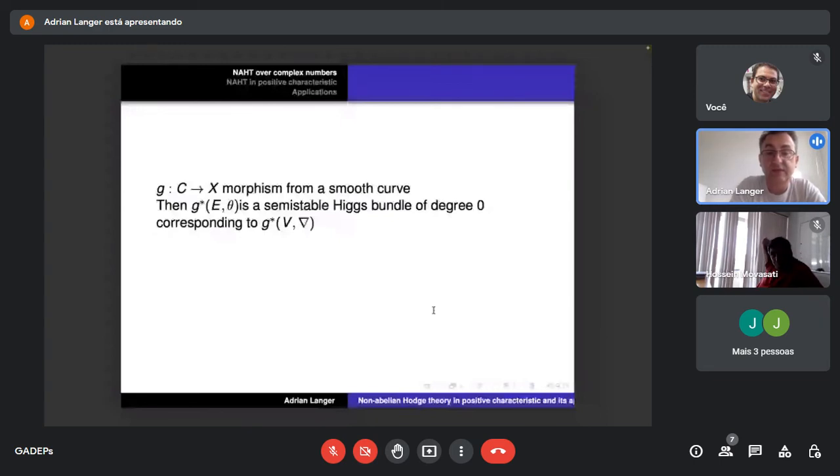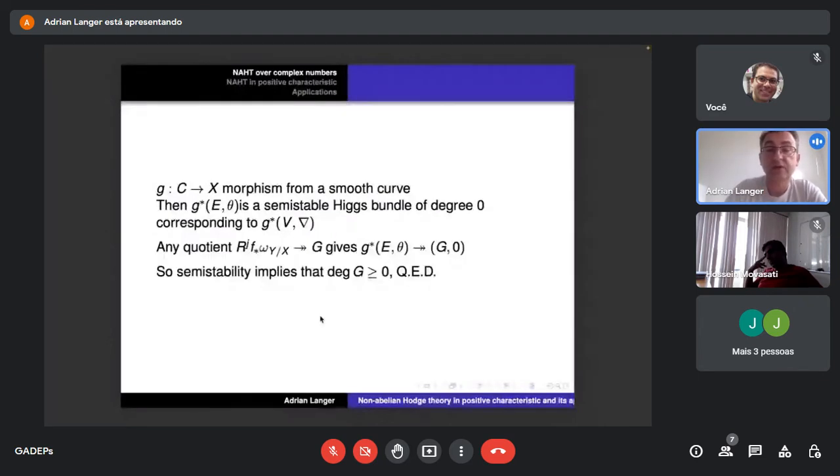And then, well, if we take the quotient of the higher direct image of the relative canonical bundle, then you immediately see that this higher direct image of the relative canonical bundle is really a quotient of your Higgs vector bundle E theta, but now the theta on this term vanishes.